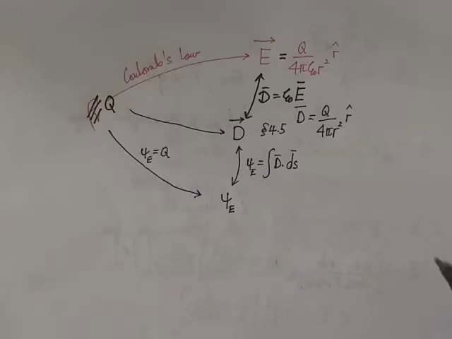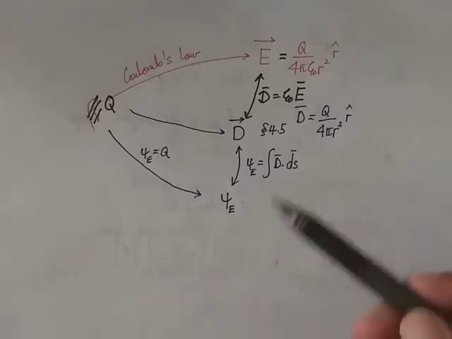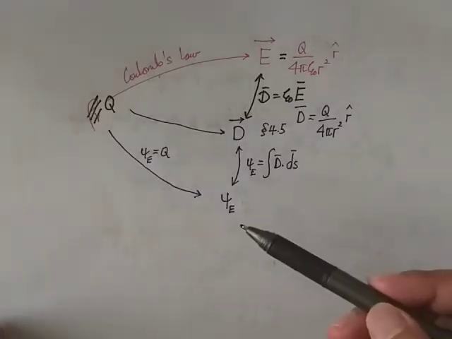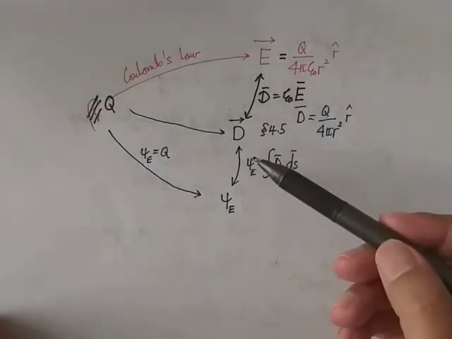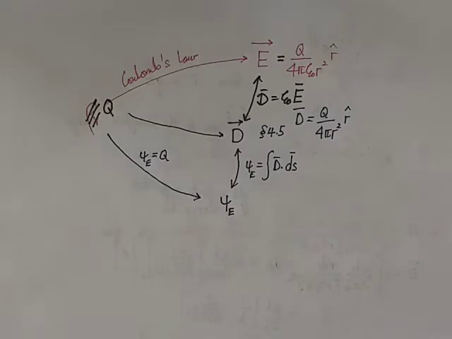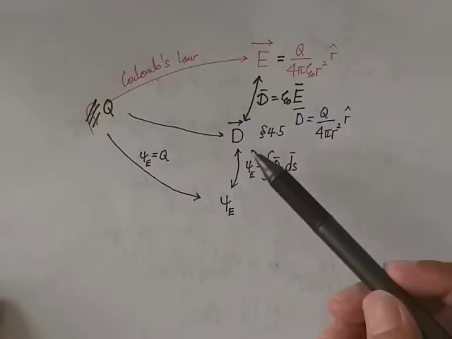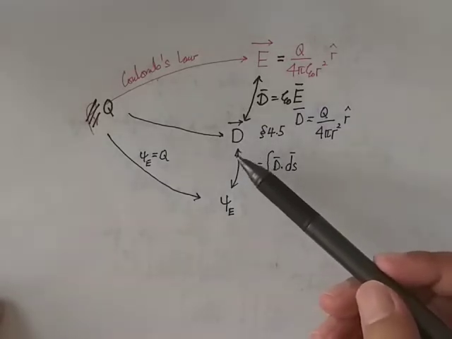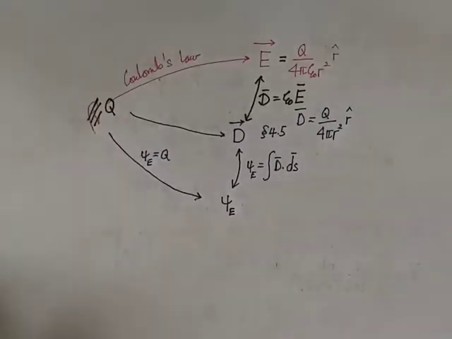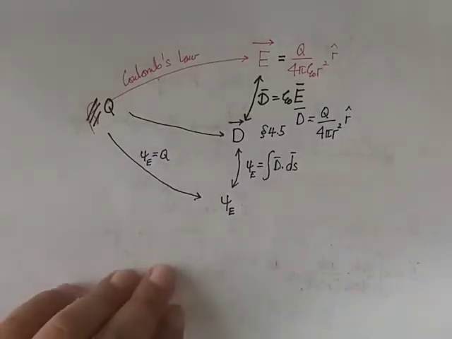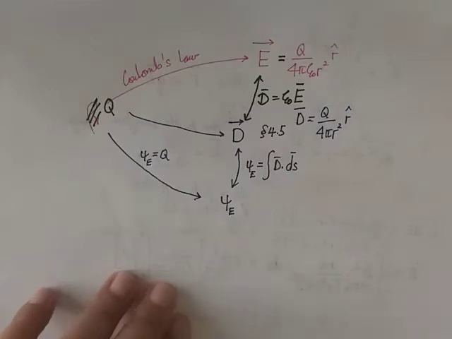With the flux, we call it electric flux density. When relating it to the E, we call it electric field density. So that's the new parameter we are introducing, electric flux density or electric field density, depending on what application the D is representing in your problem.